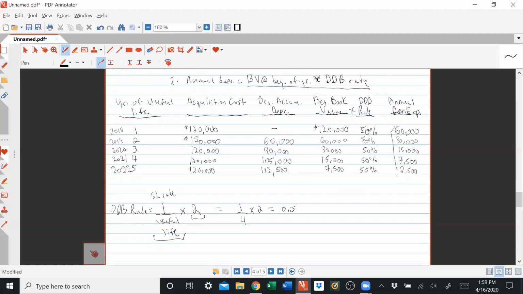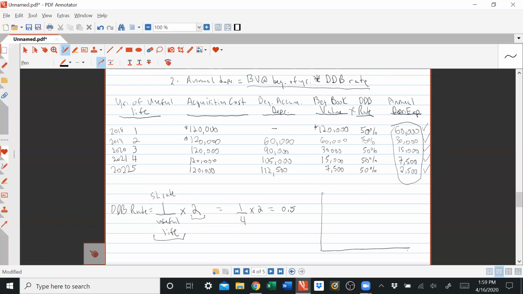So here are the depreciation expense numbers under the DDB method. 2018, 2019, 2020, 2021, 2022. Notice they decline as time goes by.